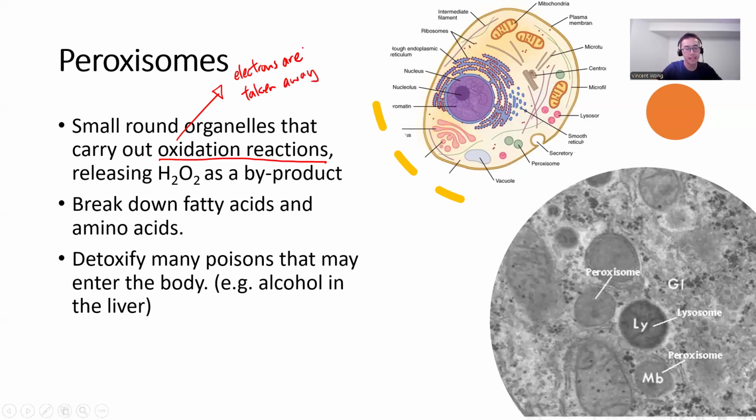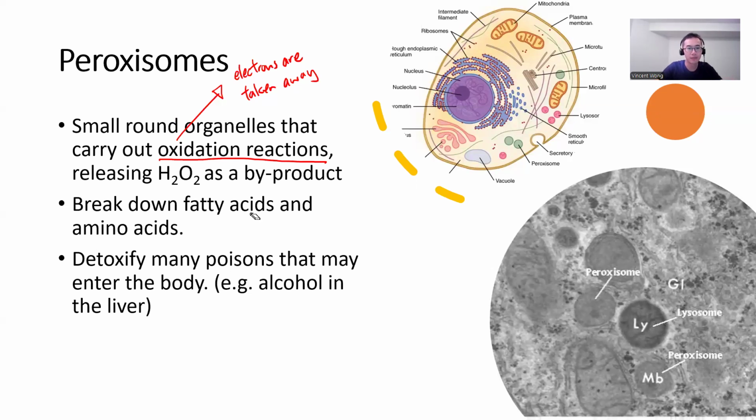And these kind of reactions, well, the one that happens in the peroxisome anyways, release hydrogen peroxide, or H2O2, as a byproduct. Right? And H2O2 is very damaging. You cannot let it roam free in the cell. It will bind to various things and cause damage to your proteins, to your DNA, and we just cannot allow that. So these kind of reactions, we have to contain it within the peroxisome.